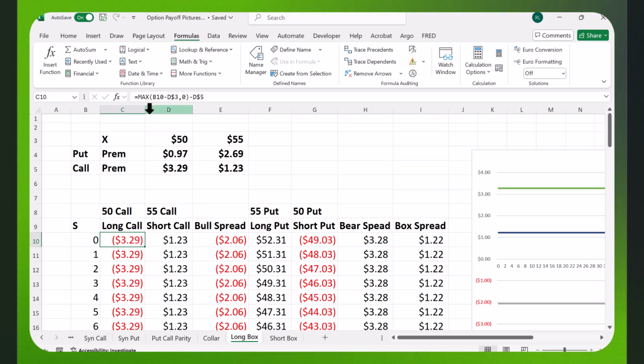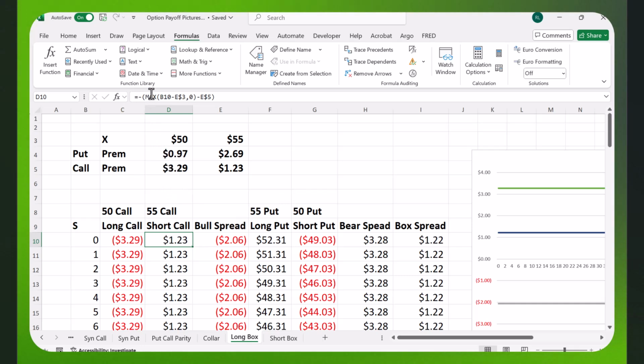So formula-wise, it's going to be the maximum, parenthesis, B10 minus D$3. I put the dollar sign so I can copy this down, minus D$5. The short call, on the other hand, we're going to receive the money. So we can just put in the value of the long put, or, I'm sorry, the long call, and make it negative.